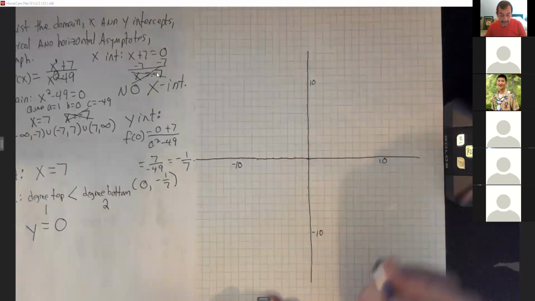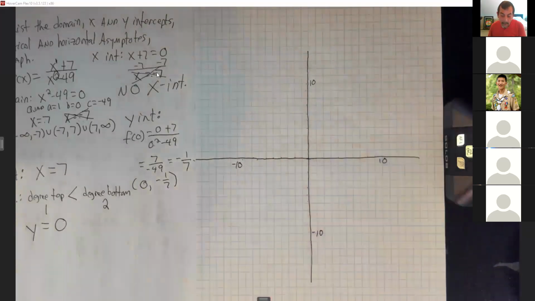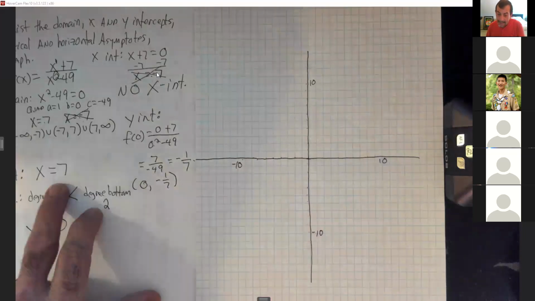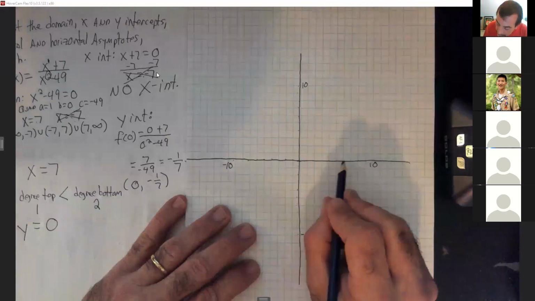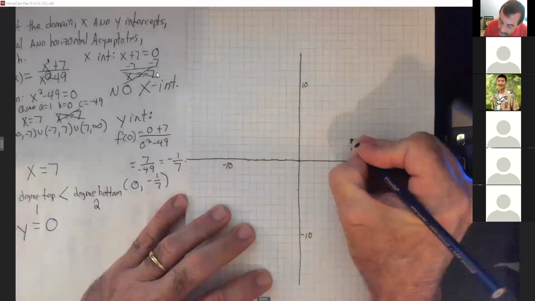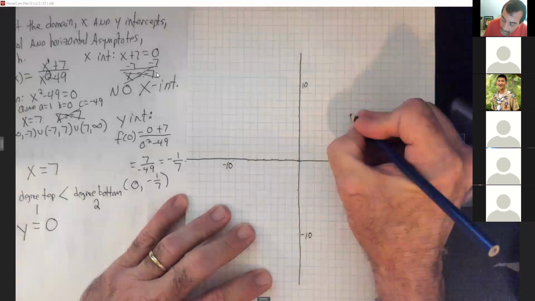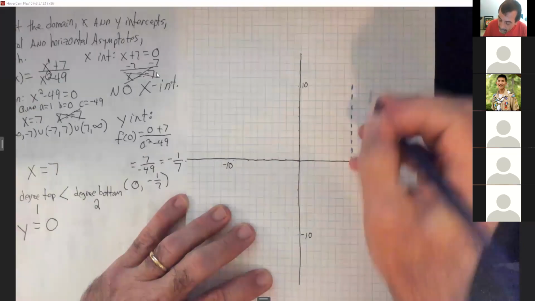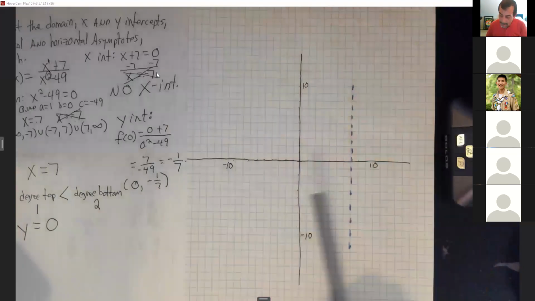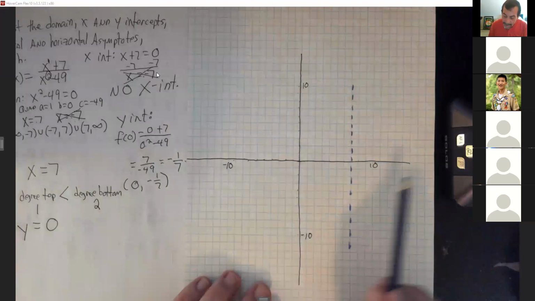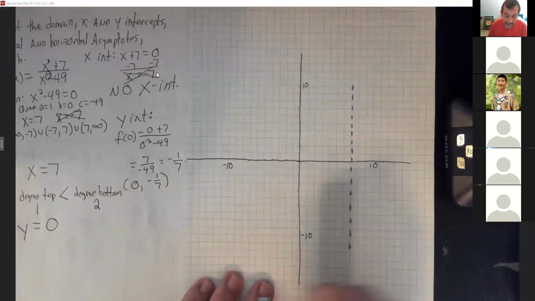We only had one vertical asymptote to draw, and that was at x equals 7. So over here at 7, 1, 2, 3, 4, 5, 6, 7, I'm going to draw a dotted line. We cannot cross that line. We know eventually the horizontals are going to be trying to get to the 0 on the x-axis.